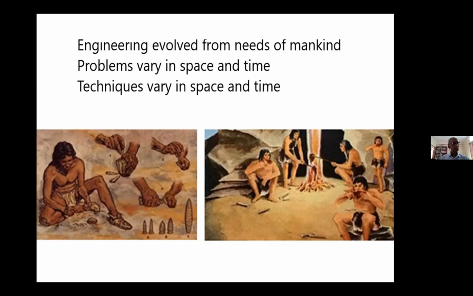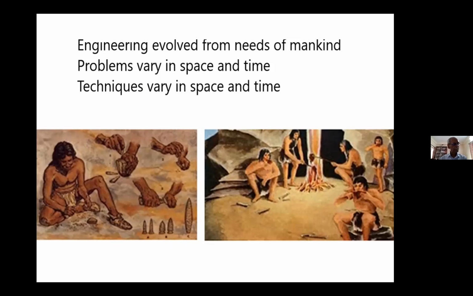The earliest human society faced the problems of food and shelter, and there they needed to invent fire by simply rubbing sticks or flint stones together. This is engineering, and to be very precise, friction engineering or tribology.